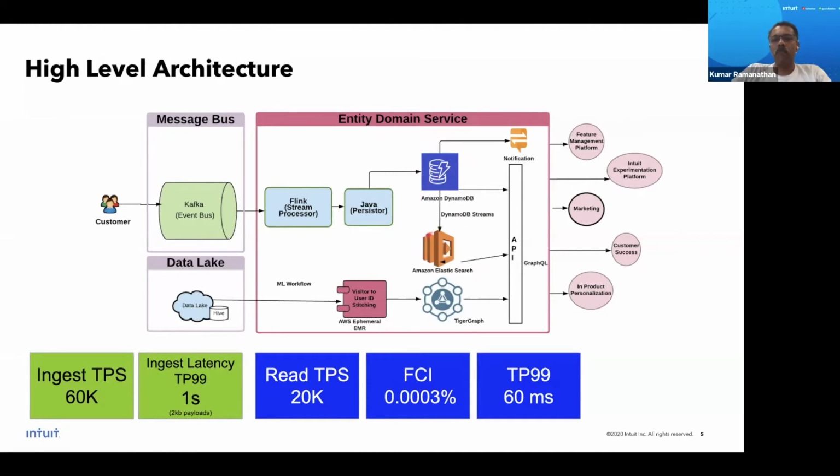The same information is formulated for search in Elasticsearch, and the relationship information is stored in a graph with TigerGraph. There's an API that fronts all of this in order to read, with a GraphQL access pattern. We also publish change notifications whenever any of these attributes changes, so any customer listening in on the topic can get access to it.